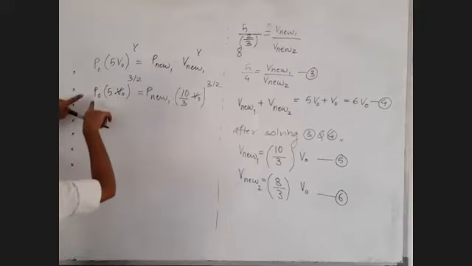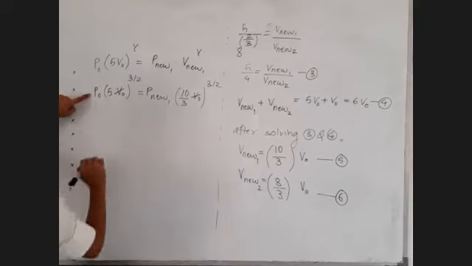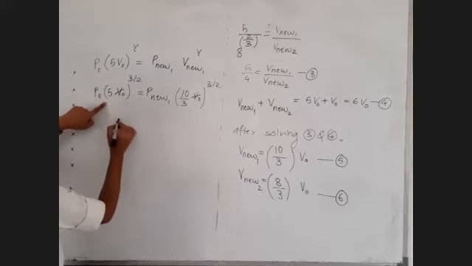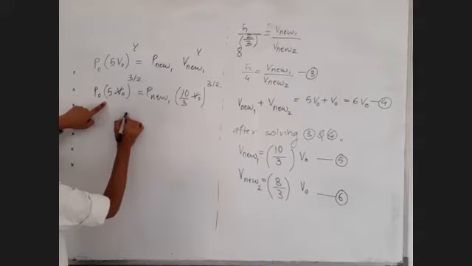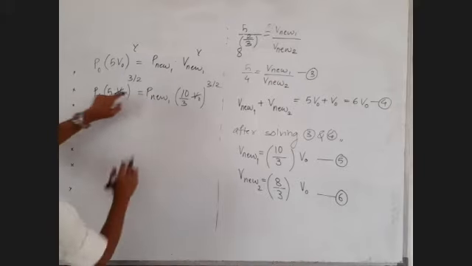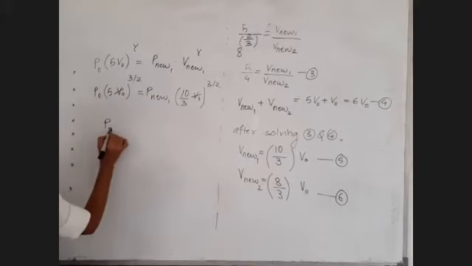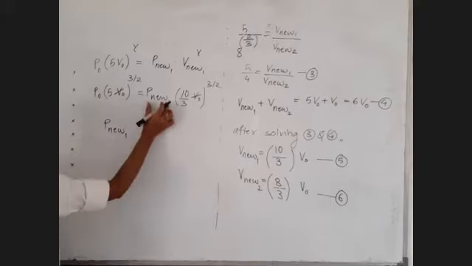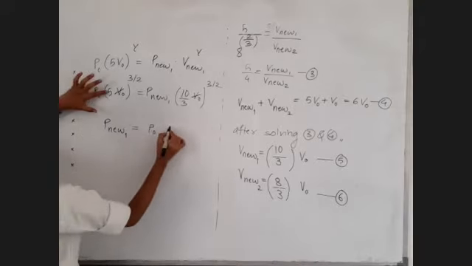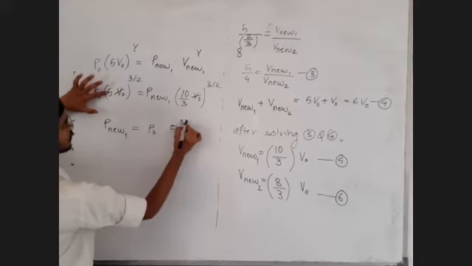Now 5 raised to 3 by 2. Let us keep it as it is. What you can do is this. You want P new 1, so write down P new 1 as it is, P0 as it is, and 5 raised to 3 by 2 as it is.